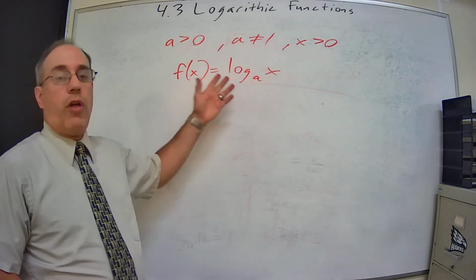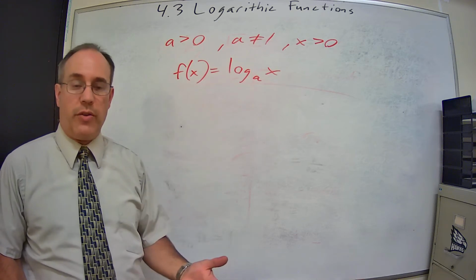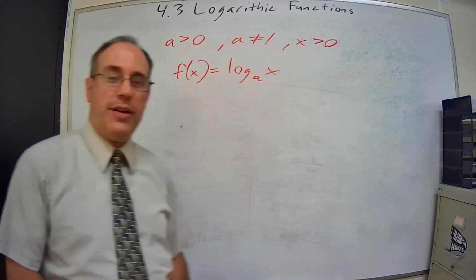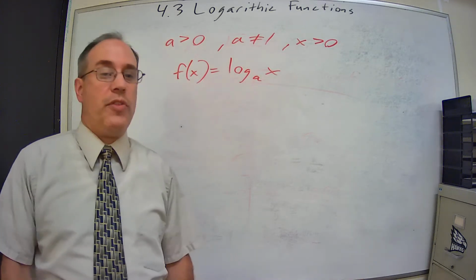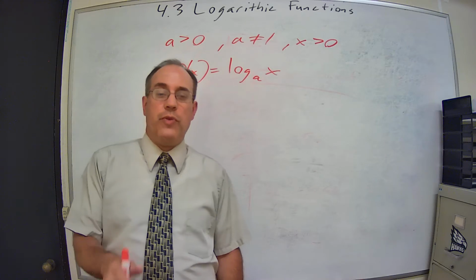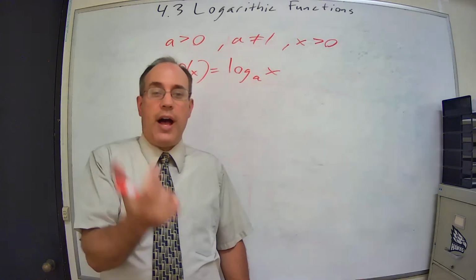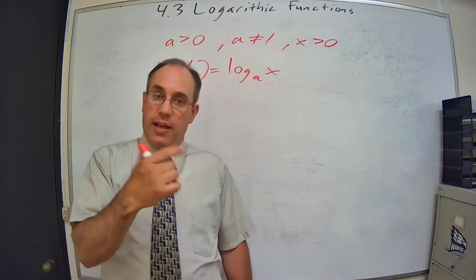Now let's remember that the logarithmic function and exponential function are inverses of one another. And that's going to become very important as we talk about graphing and what they actually look like. Remember what happens when you have inverses. The x and y values, or the inputs and outputs, flip.